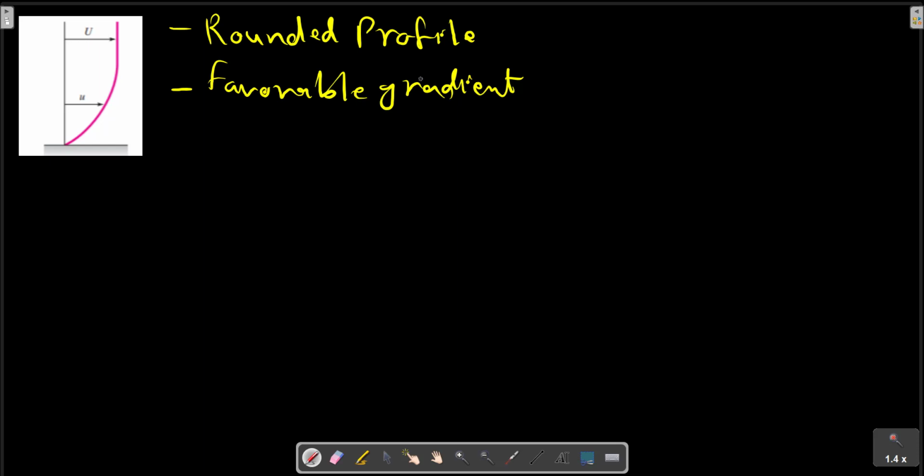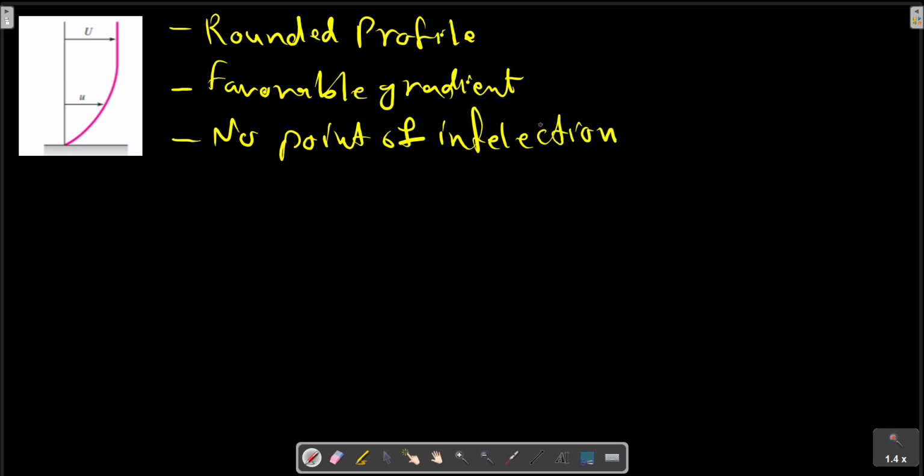The profile is very rounded, there is no point of inflection, and there can be no separation.